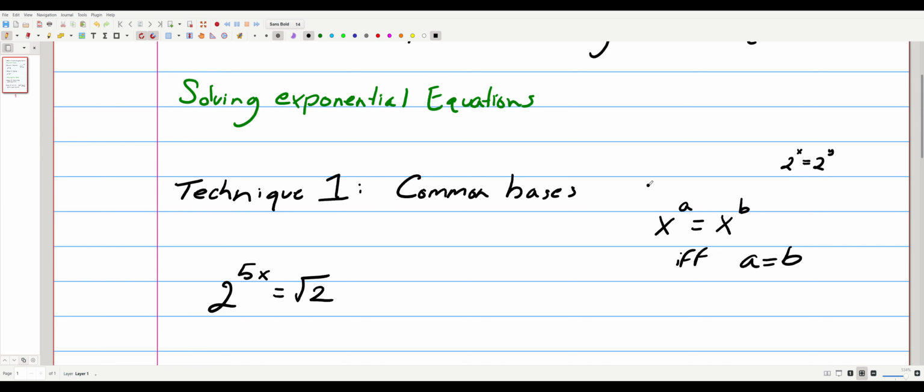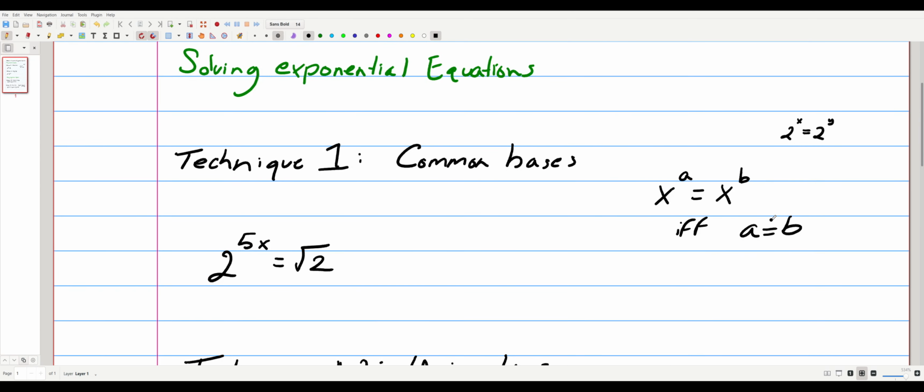So if their y values match, that means their x values must match as well, right? Okay, so the goal here is basically to get both of the sides to have the same base for the exponent, and then set the exponent arguments to each other and solve that as a linear equation.